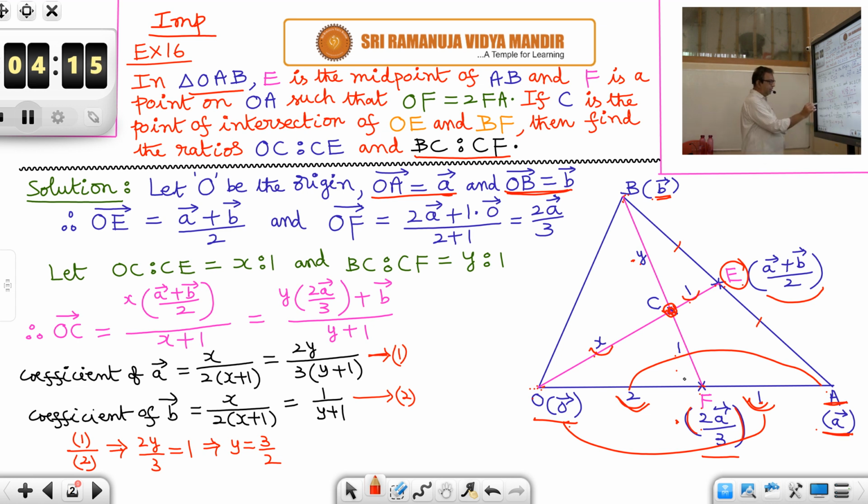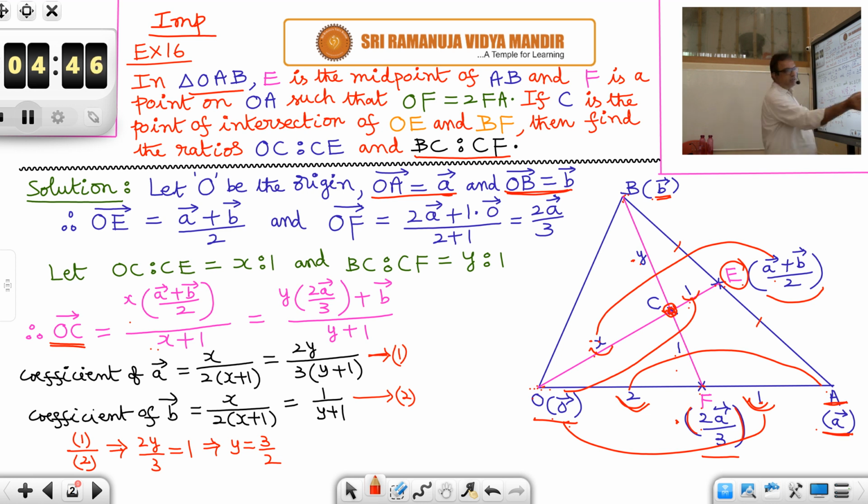So the position vector of C, that is OC bar, using the ratio X is to 1, is X into the position vector of E, a bar plus b bar by 2, plus 1 into 0 bar, divided by X plus 1. I have not written 1 into 0 bar because it is 0 bar. This is the position vector of C, that is OC bar.